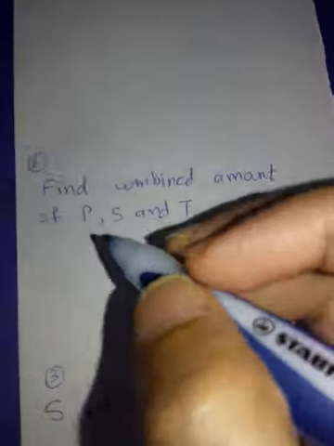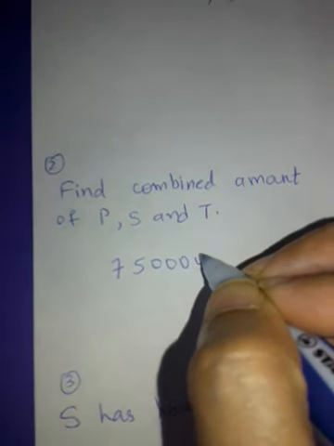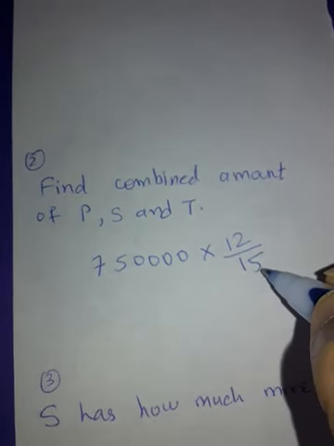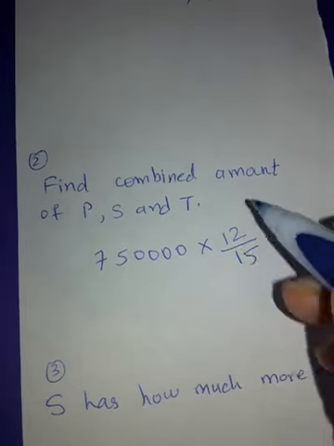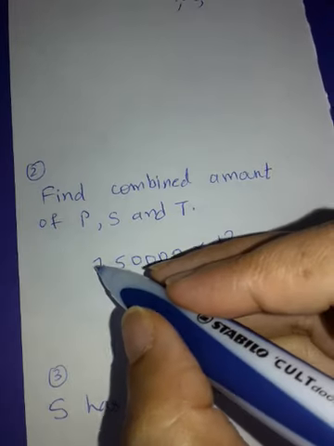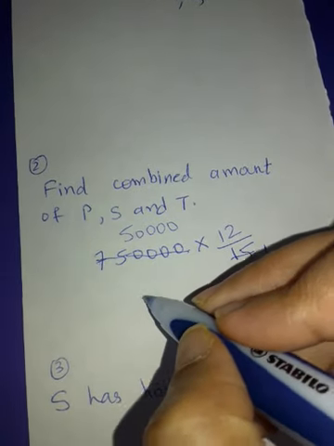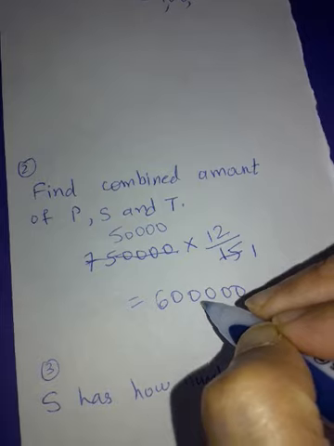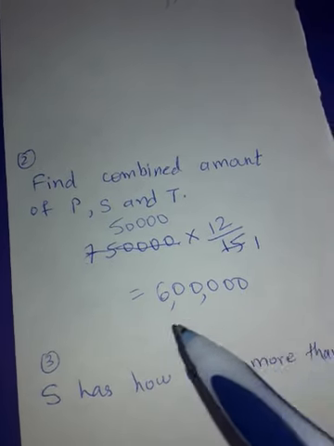So what I'll do? I'll multiply 7,50,000 by 12 upon 15. Since out of 15, they are combined, they are going to have 12 parts. Six lakhs. So together they are going to have 6 lakhs.